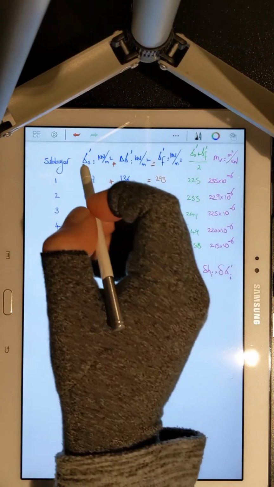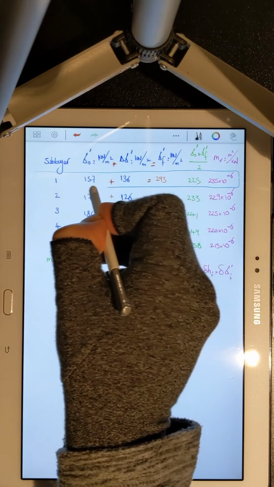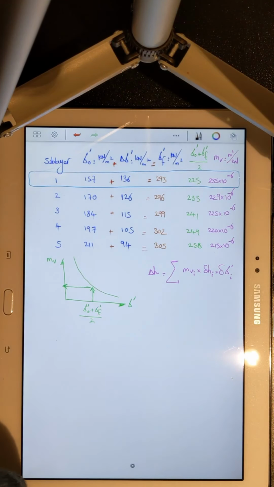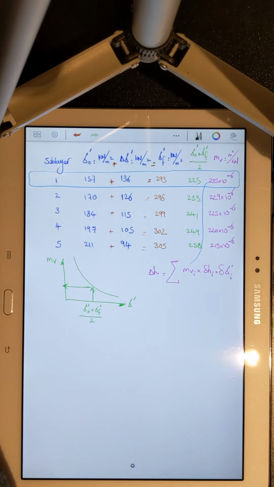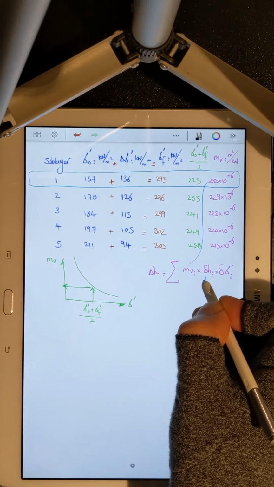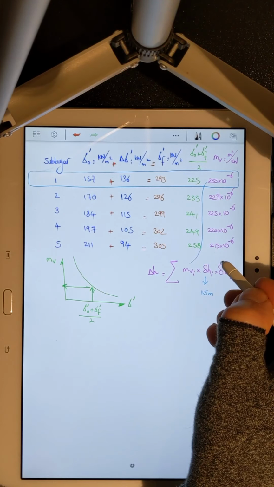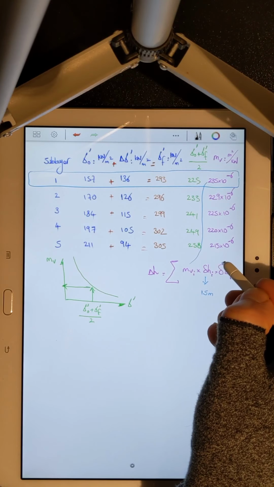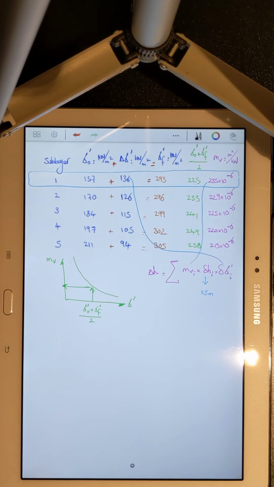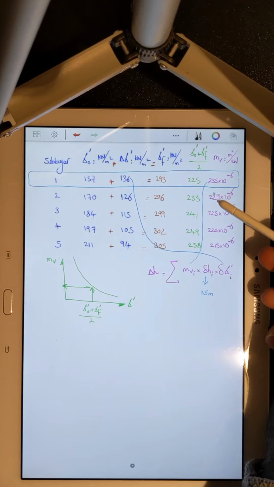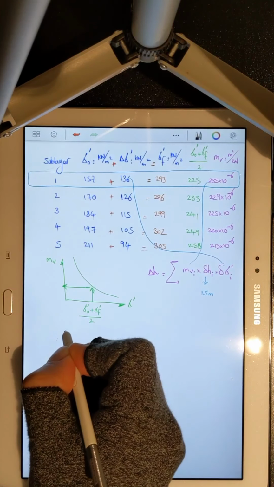So for soil layer 1, M sub v is known. The thickness is, well, 1.5 meters. And the change in effective stress is also known. So I can determine the consolidation settlement for each sublayer and sum these up.